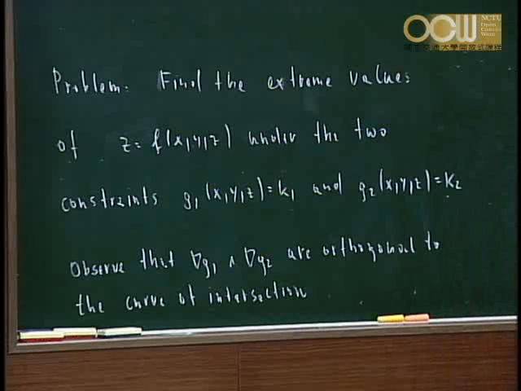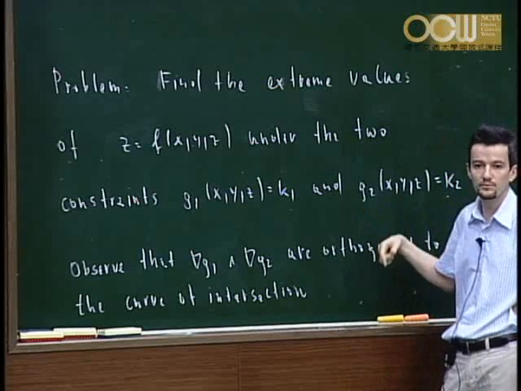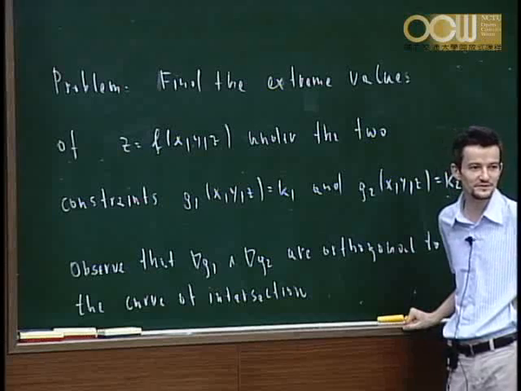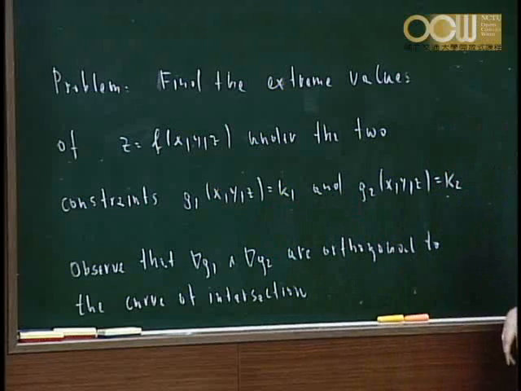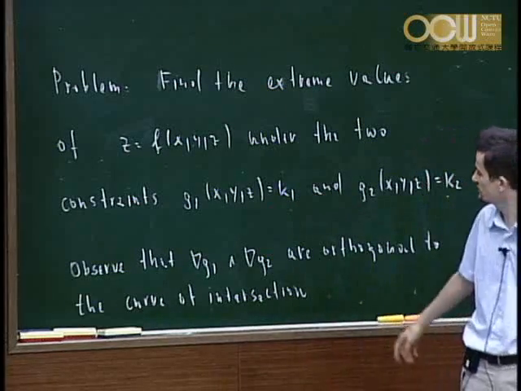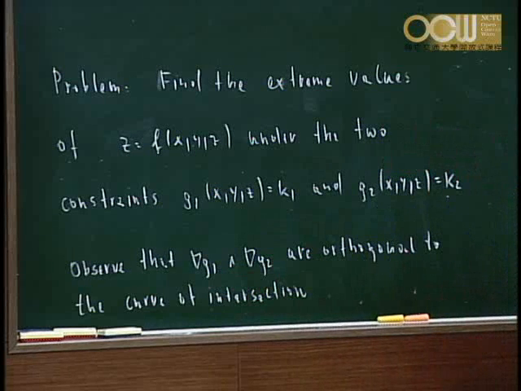So you see, if you have two surfaces and you should compute at some point the tangent of the curve of intersection, this was like today's in-class homework. You observe that the gradients are both perpendicular to the tangent.